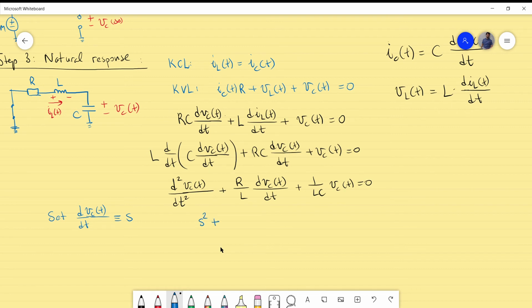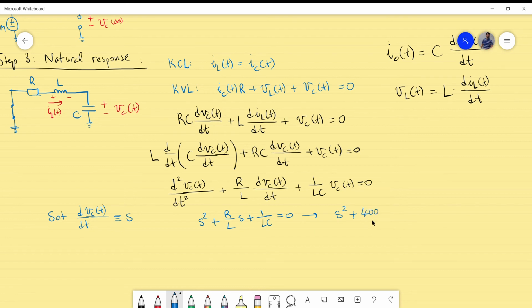So we will have an S squared, and R divided by L times S, and 1 over LC. So this will be 1 if you use the operator, and this will be 0. Now if I fill in the component values, because the R was 1000 divided by 0.25, that will be 4000.